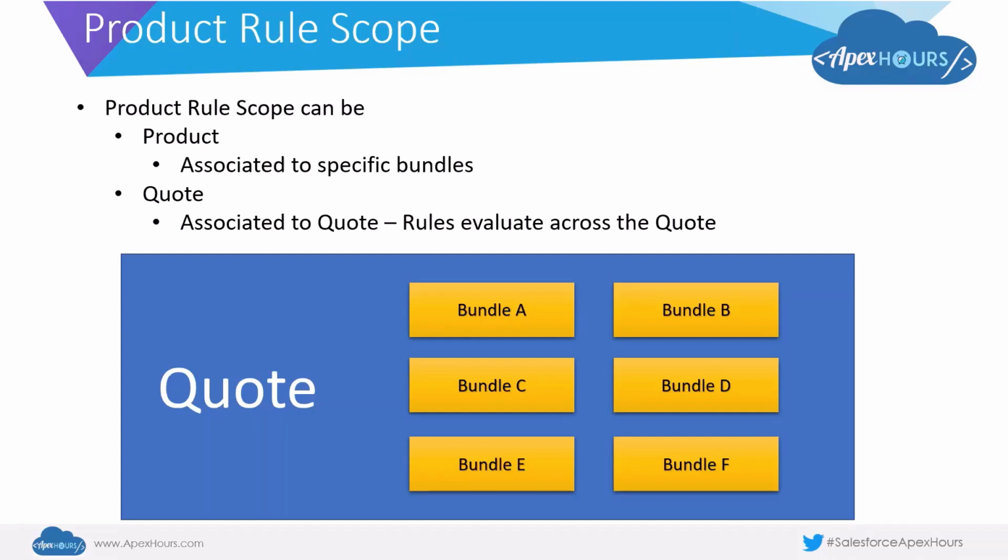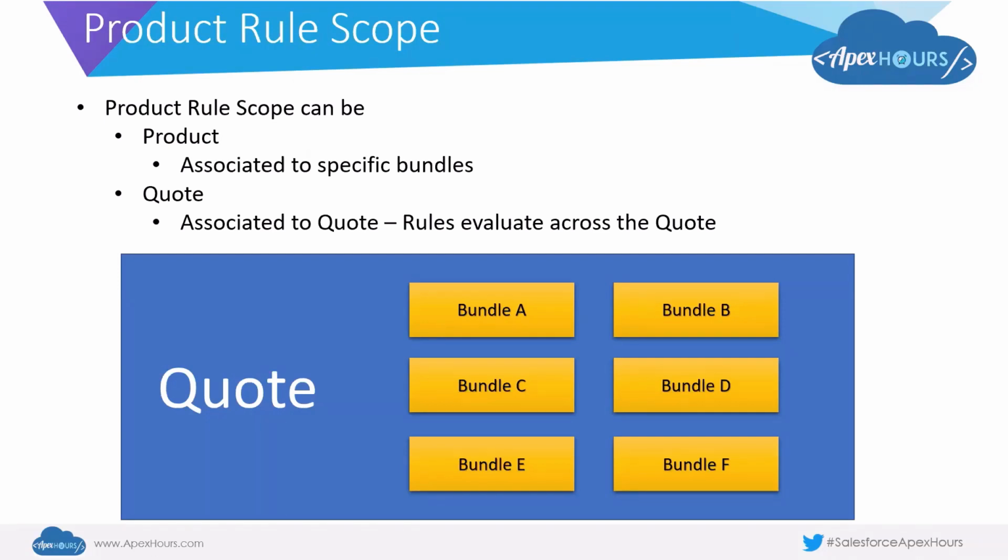We have to go through all of them, evaluate all of those conditions, and only then we would know if we have to fire them or not. So that would take a lot of time and processing power, and definitely not a great user experience. Exactly why we should be very selective about creating rules at the quote level.